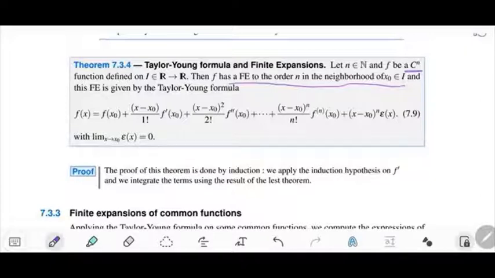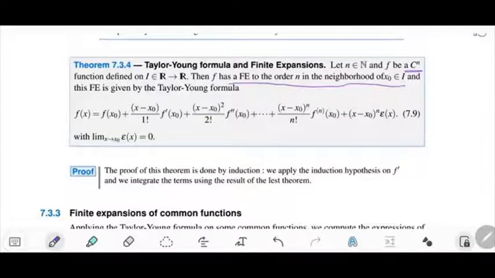So it means that if you have a function f that is Cn, then its finite expansion is exactly the Taylor-Young expansion. If f is not Cn, it might have a finite expansion which is not equal to the Taylor-Young expansion.